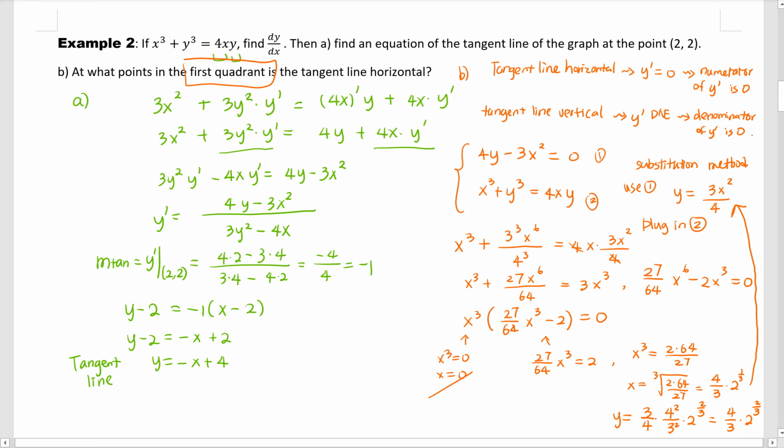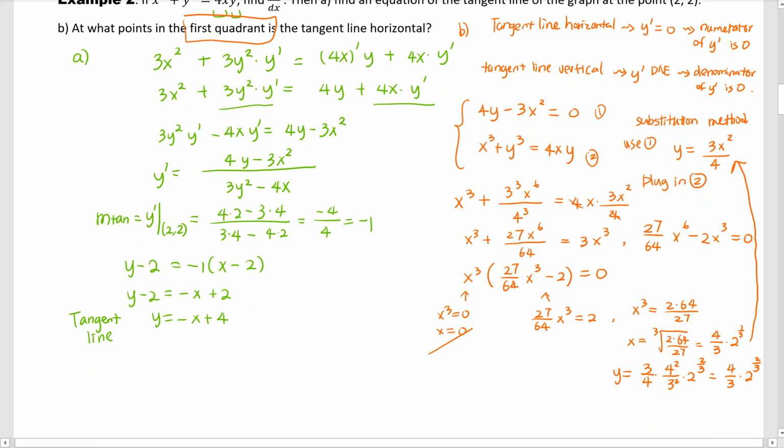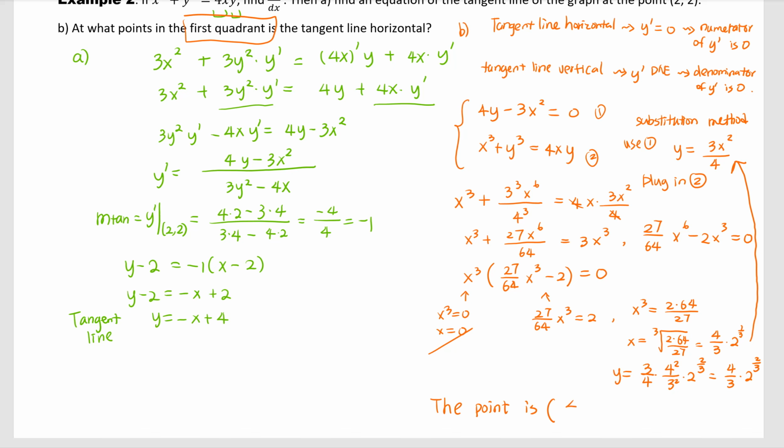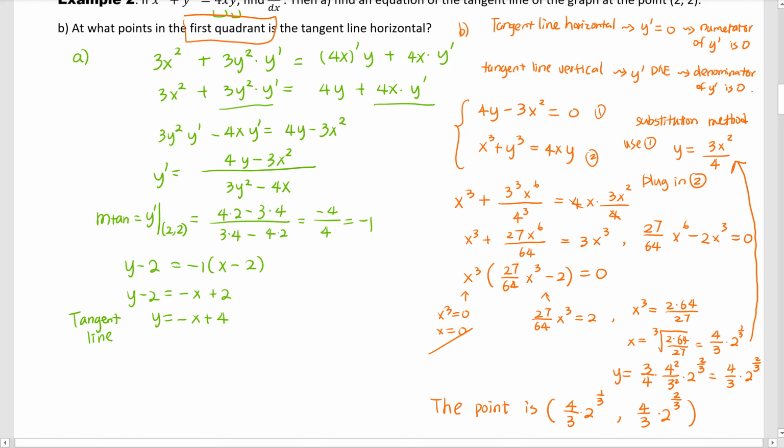See, this is the point, and it's in the first quadrant. So the point is x is 4 over 3 times 2 to the 1/3, and the y is 4 over 3 times 2 to the 2/3. So this is our point. So far, so good, everybody?